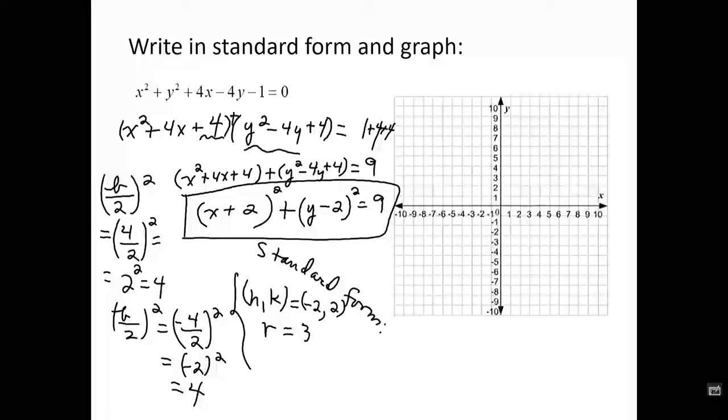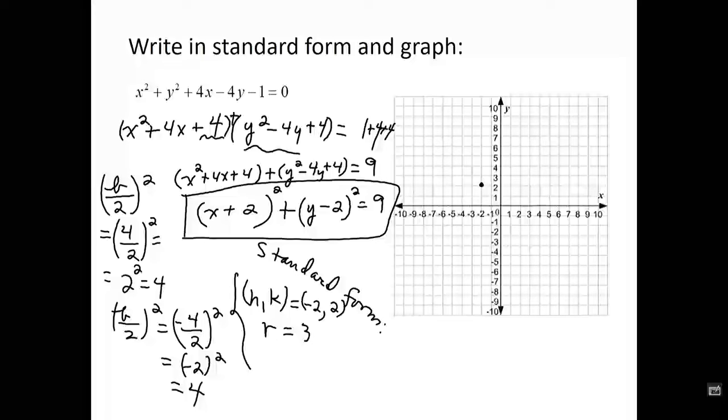So first, let's find the center of the circle. The center of the circle is going to be (-2, 2). So in the rectangular coordinate system, let's find that point. (-2, 2) is here.